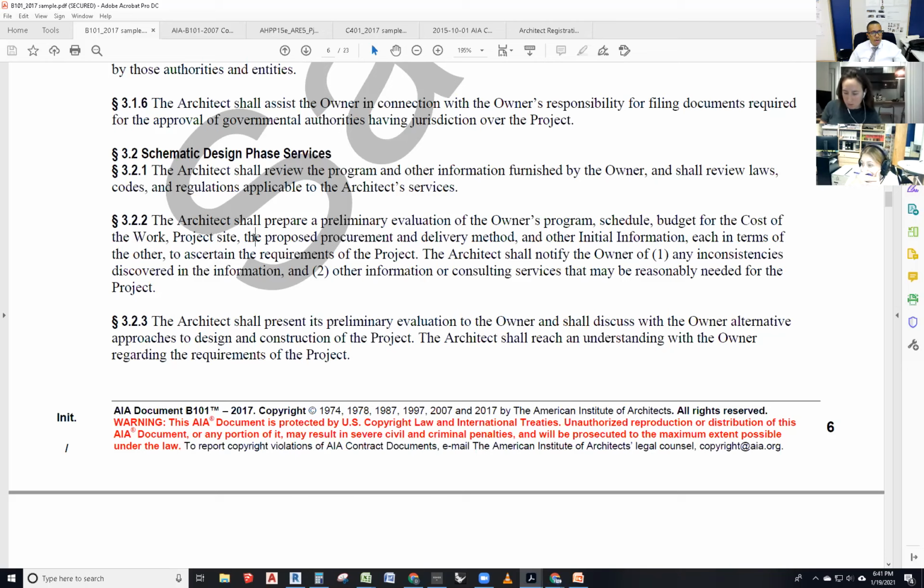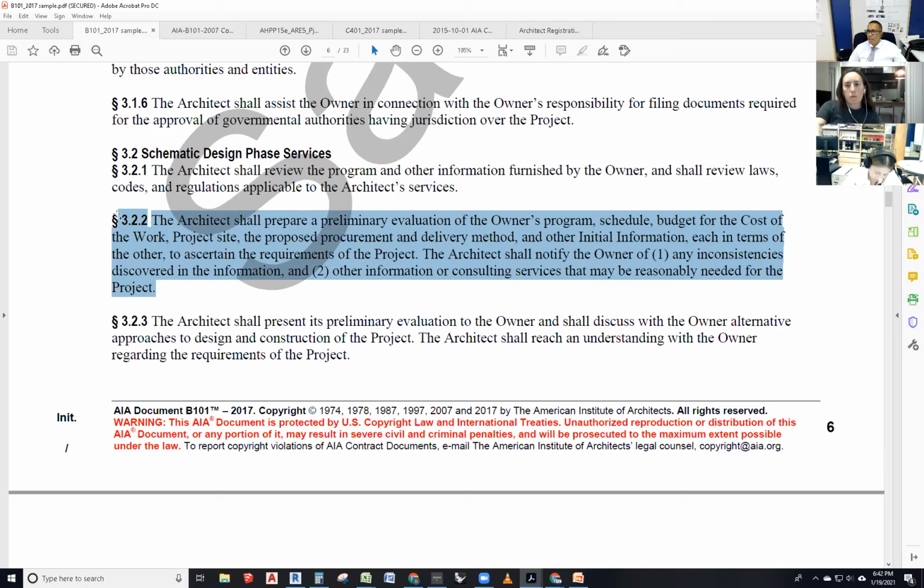The architect shall notify the owner of one, any inconsistencies discovered in the information, and two, other information or consulting services that may be reasonably needed for the project. It's a mouthful. So this is our time to let the owner know that we understand him, that we understand the project, and that we understand everything they sent us, and it makes sense to us. And any discrepancies we see, this is when we let them know.